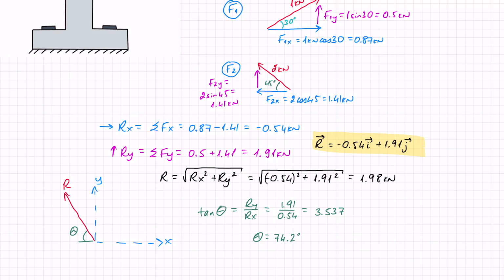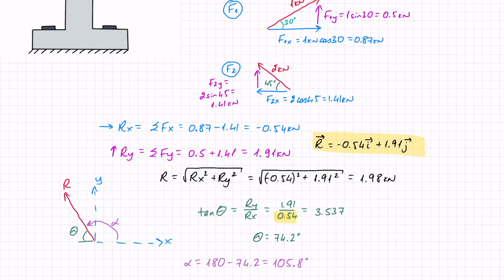Now I could have done this by taking the actual direction of 0.54, which was negative, which means that the answer would have been exactly the same, just negative, to note that it's from the negative direction from the x-axis. If I want to find the complementary angle, this angle here, let's call it alpha, so I want to find it from the x direction, we know that alpha is 180 minus 74.2, and that gives me 105.8 degrees.